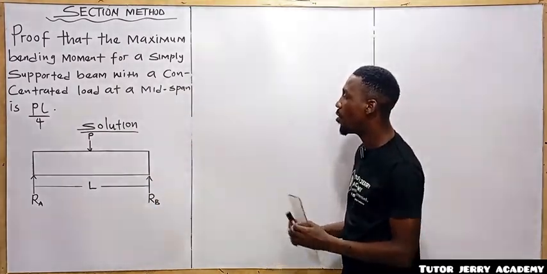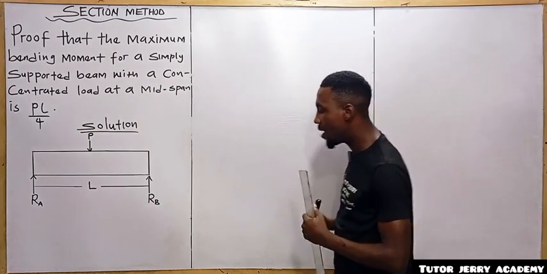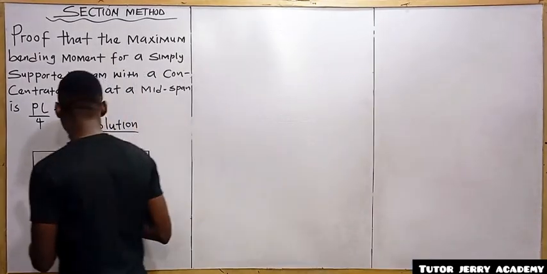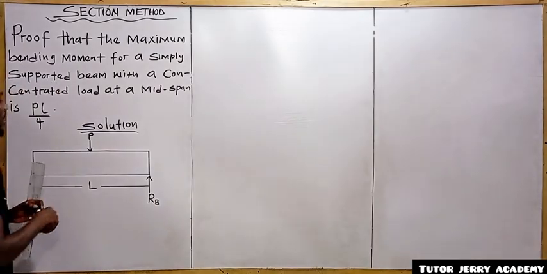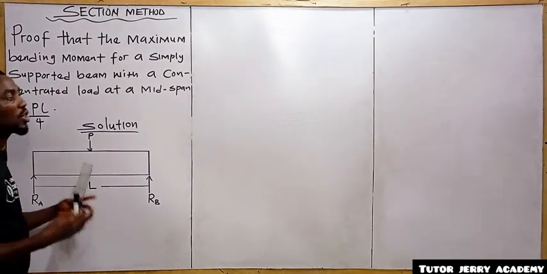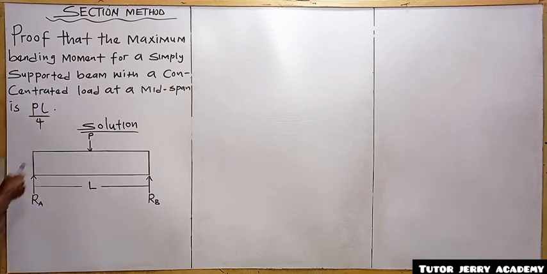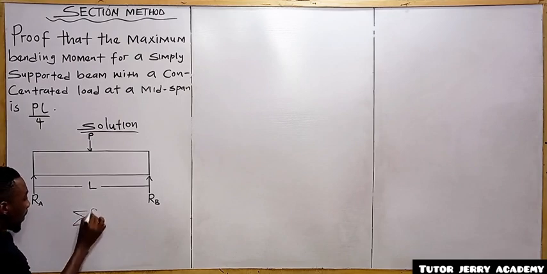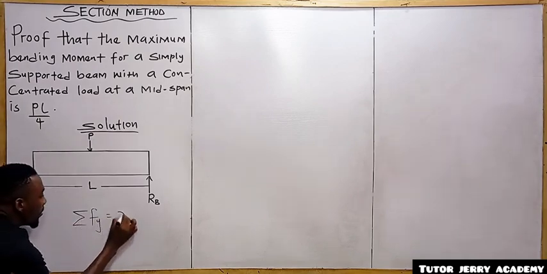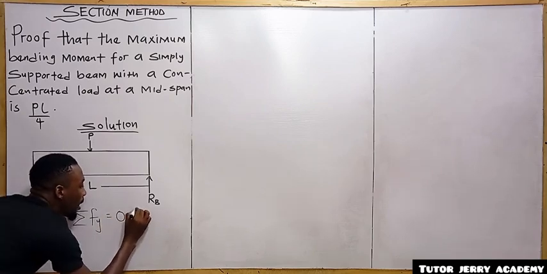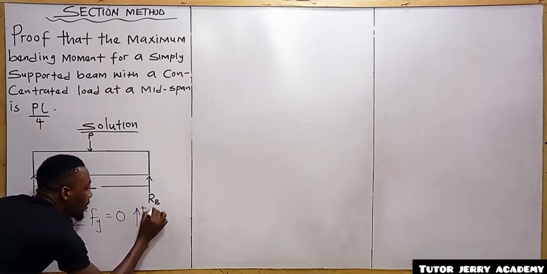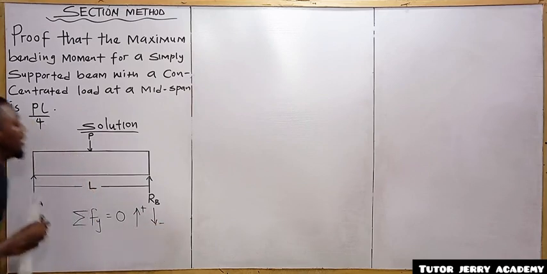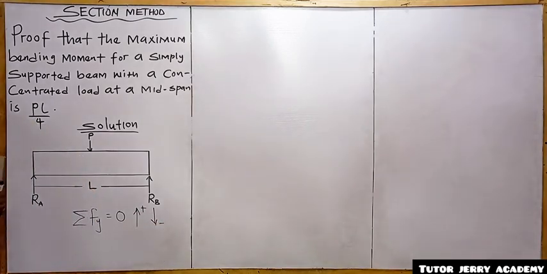Alright, so for us to solve this question, the first thing we are going to do is start with the summation of upward forces, which equals 0. Then we take our convention: upward force positive, downward force negative.